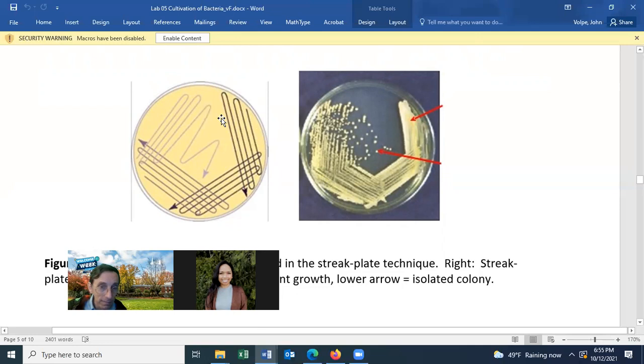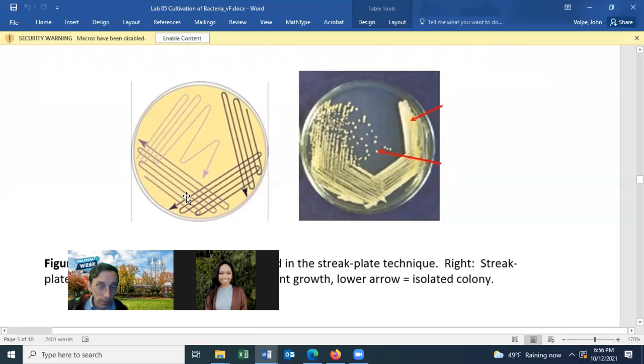Any question about that? And then when you set up quadrant 2, like I said, you do it in the more diluted portion of quadrant 1. You don't go into the high concentration of quadrant 1 to set up quadrant 2. And then you sterilize your loop. And then, once again, this isn't quite done the way I would do it, you set up quadrant 3 by streaking it into the lower portion of quadrant 2, meaning the more diluted portion.